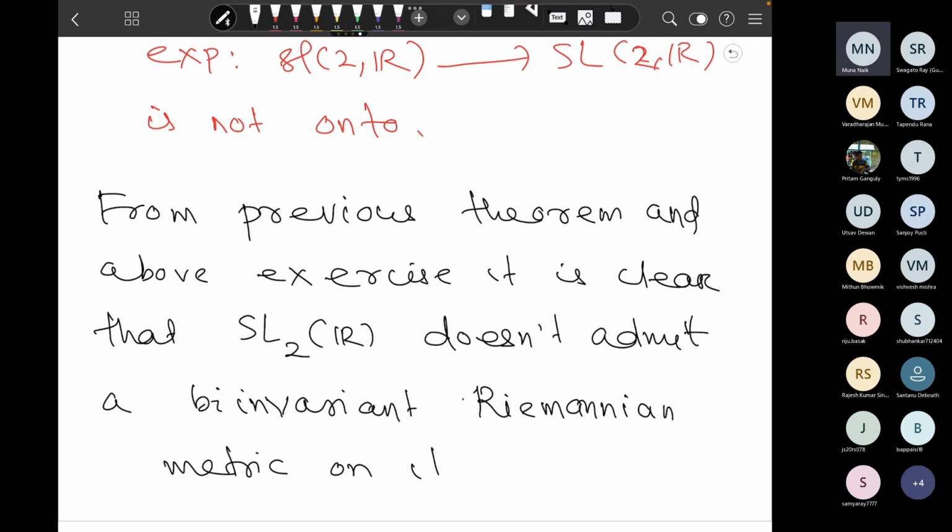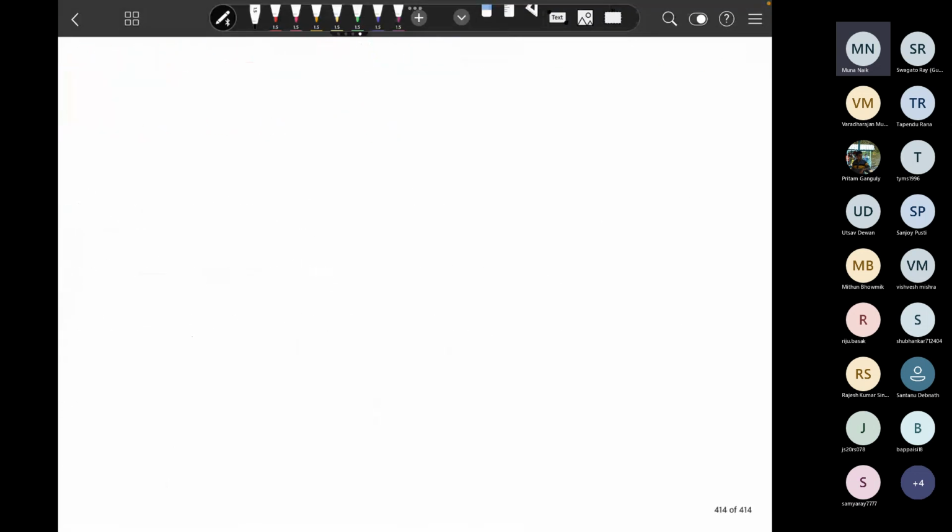So now we want to prove a very important theorem, that if G is a compact Lie group, then it is a Riemannian symmetric space. Okay, theorem.